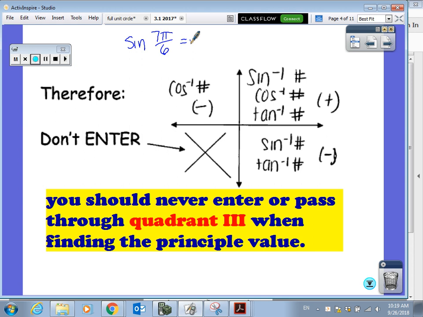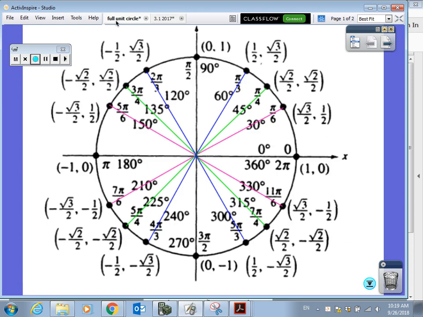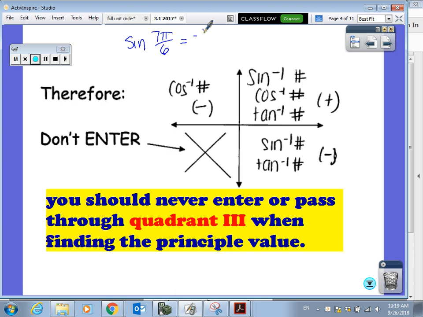Sine of 7 pi over 6, we can still find. We go to our unit circle, we go to 7 pi over 6, and we look at sine. That is equal to negative 1/2. That has not changed. This is not an inverse, okay? Quadrant 3 still exists for sine, cosine, tangent, secant, cosecant, but we just can't go into it for inverses only.